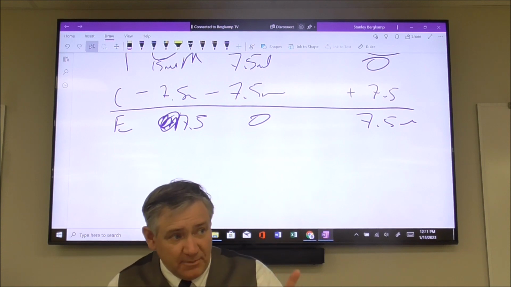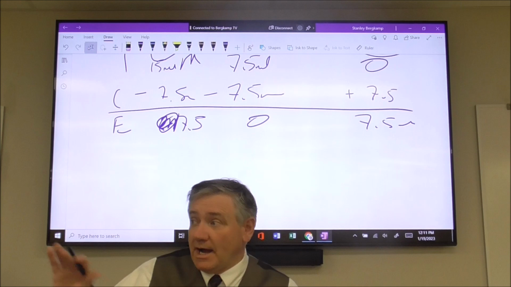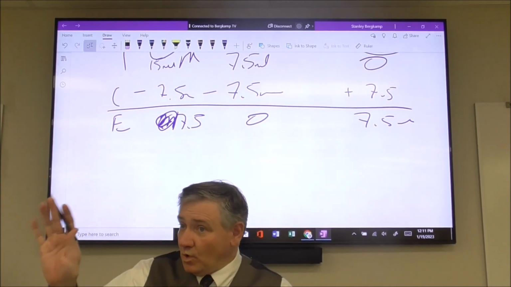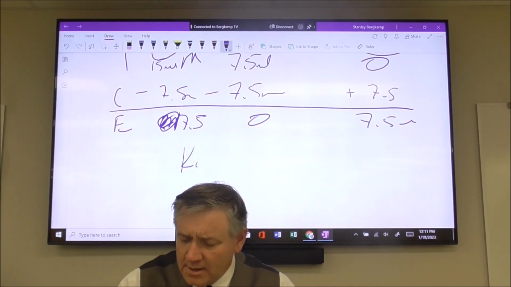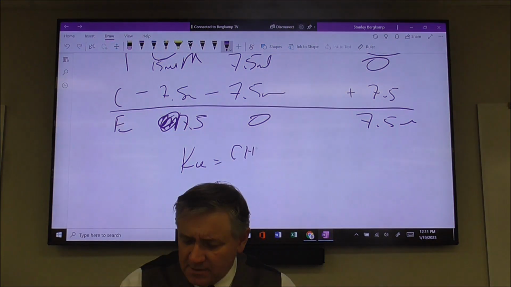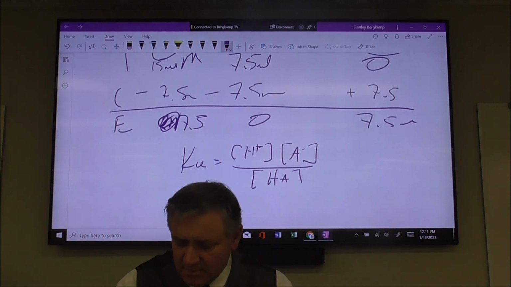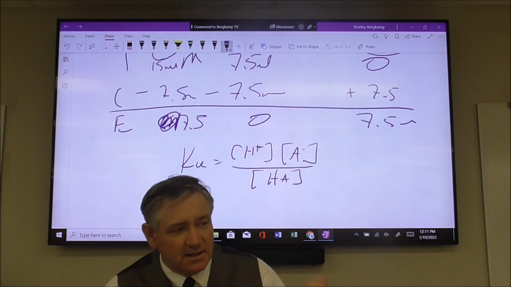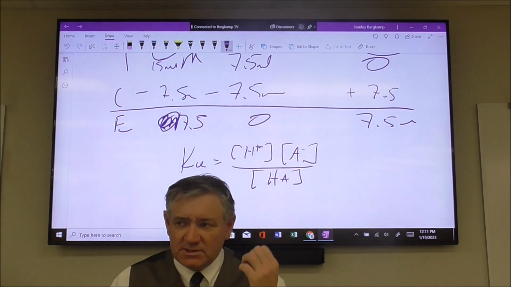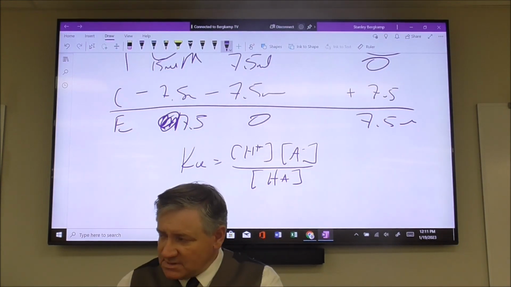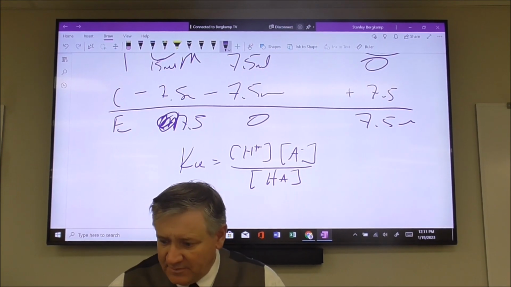So, again, there's a couple of ways you can think this through. I care not. If you're old school, you can listen and go, well, Ka equals my hydronium ion concentration times my anion concentration divided by the concentration of my acid. And again, this makes so much more sense if you visualize what's happening at the molecular level of this reaction.